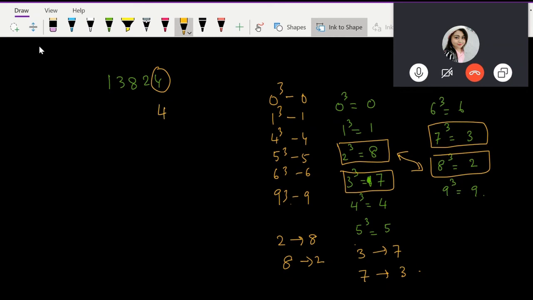Now, because we are taking cube root, we will ignore 3 numbers from the right and look at the rest of the numbers, which is 13. What is the cube that is less than 13? 2, sir.